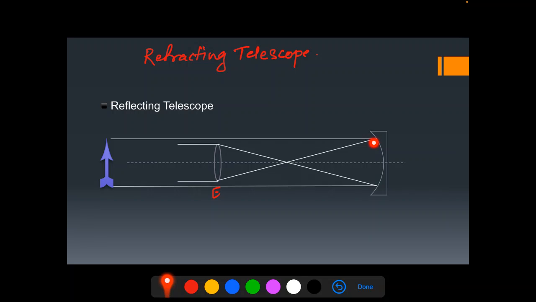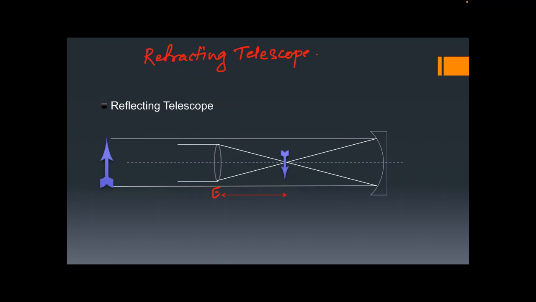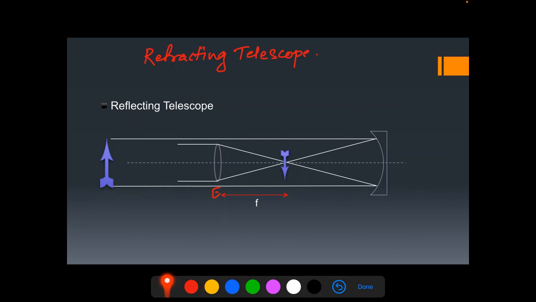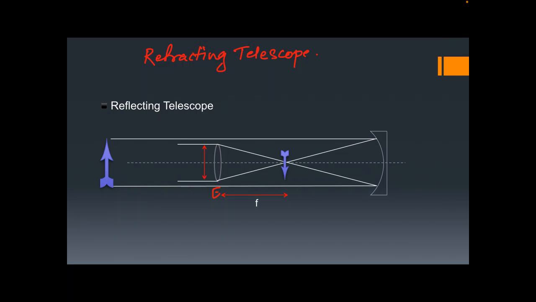From that the light rays get reflected and are incident on the eyepiece, which is a convex lens of short focal length, through which we can observe the images. The image is formed at the focus of both the lenses, that is the reflector objective and the eyepiece.